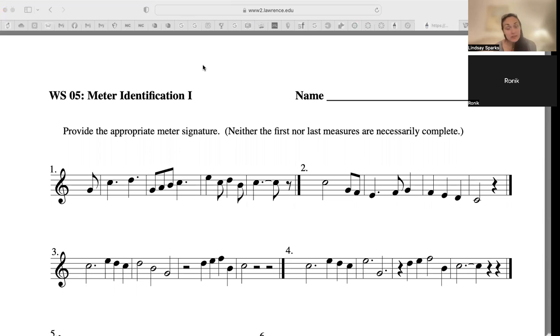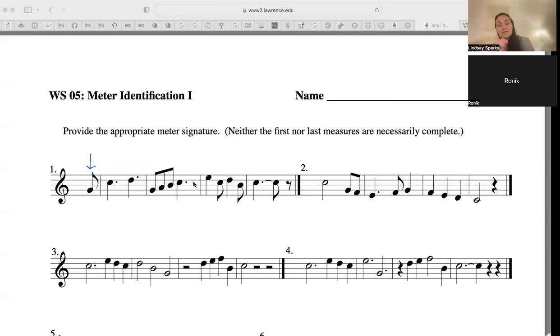And it's especially tricky because we have something here called an anacrusis, which is this thing. In other words, it's a pickup note. Okay. So don't count that one. Just go ahead and look at this middle measure or the next one.